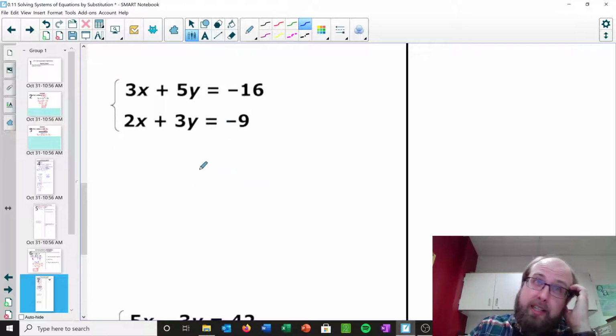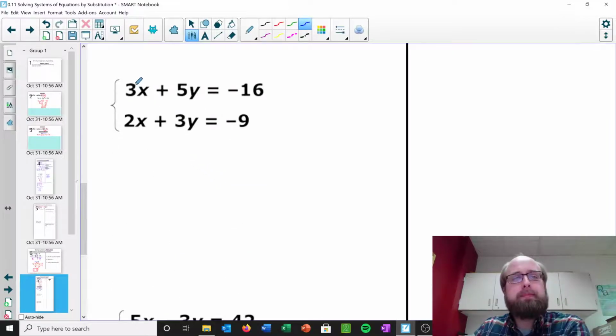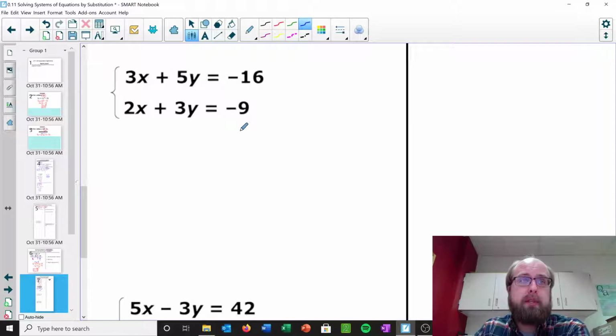All right. If we look at the next example, this one's not as easy. We've got 3x plus 5y equals -16, 2x plus 3y equals -9. So again, stop for a second, think to yourself, what could we do in this case to make it so that either the x's or y's cancel? All right, there's a couple ways to do this. The way I'm going to do it is, what if we multiplied the top by 2 and the bottom by -3?